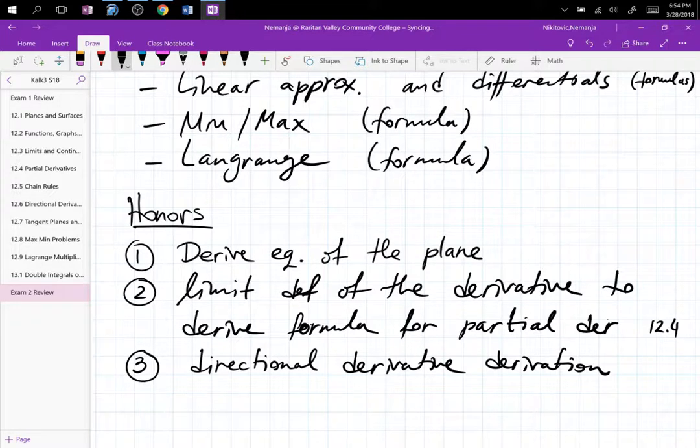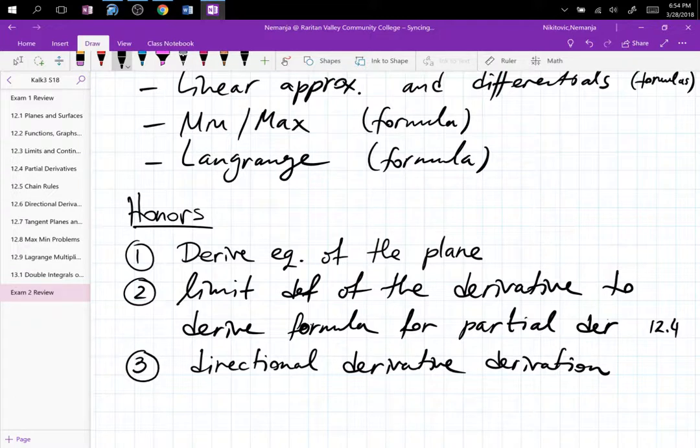And is there anything else there? I think that's it, except let me just check in 12.8.